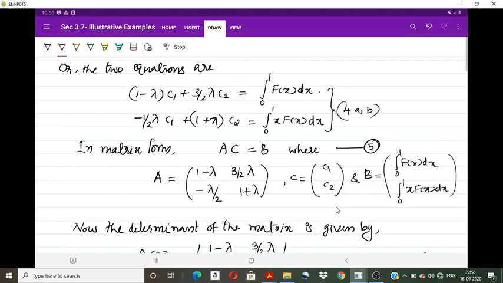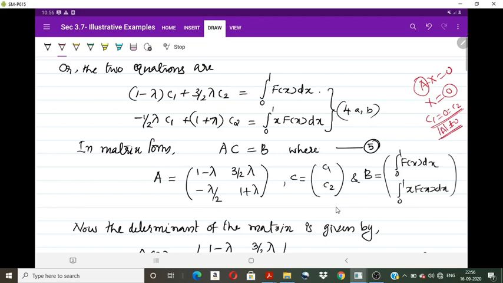We know that for a homogeneous system Ax equal to 0, x equal to 0 is always a solution, that is, C1 equal to 0 equal to C2 is always a solution. In this case it is the unique solution if and only if the determinant of the matrix, det A, is not equal to 0.